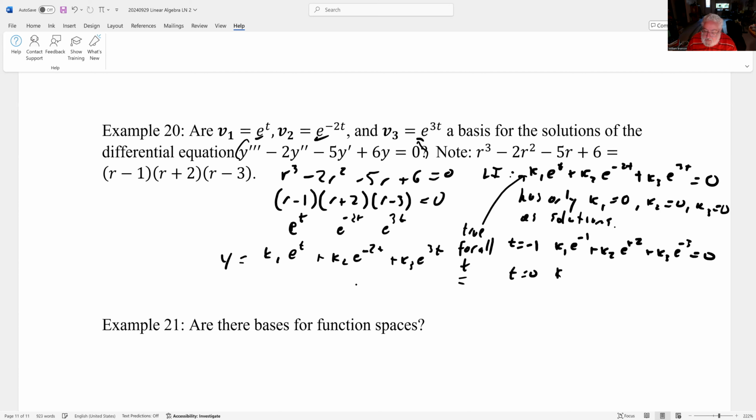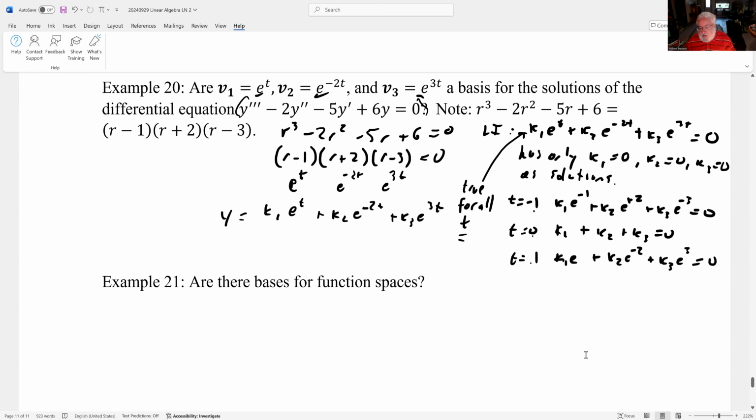Take t equal to 0, that gives you k1 plus k2 plus k3 equals 0. And take t equal to 1. Since this has to be true for all values of t, it must be, in particular, true for these three things. So we get this system of equations.